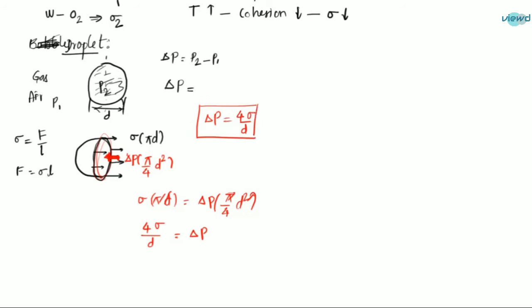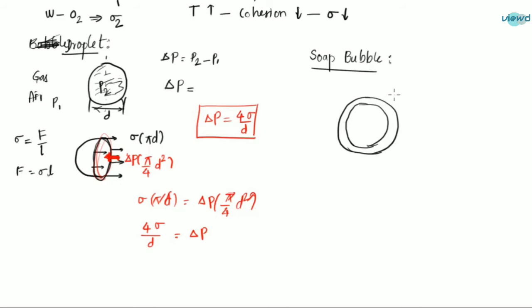And next let us see for soap bubble. So what is soap bubble? There will be two surfaces in soap bubble. There is some air inside the bubble, and outside the bubble there is air. So if we cut this section here, there will be forces on both sides, on both surfaces.